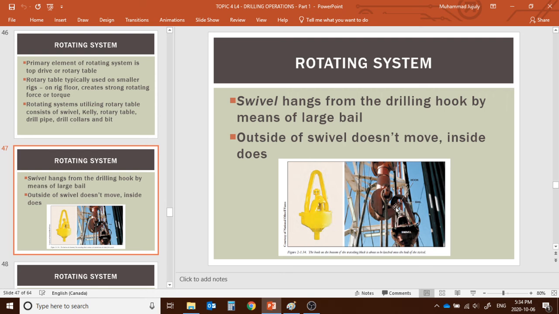What is the purpose of the swivel? From the hoisting system, the hook connects with the swivel, and the swivel hangs from the drilling hook.